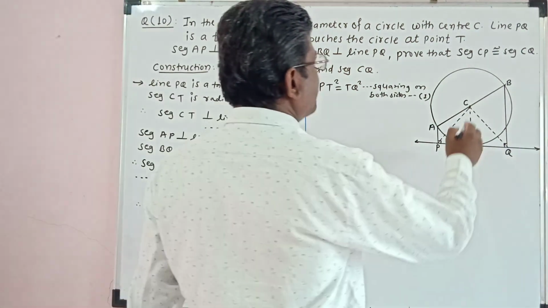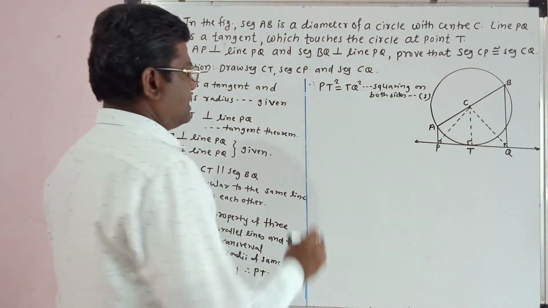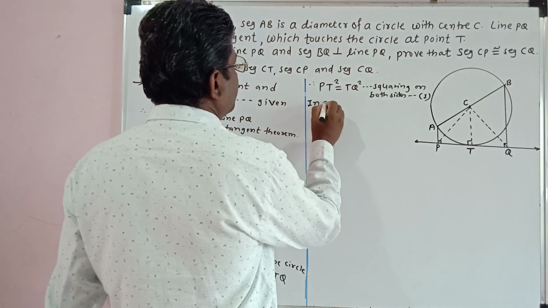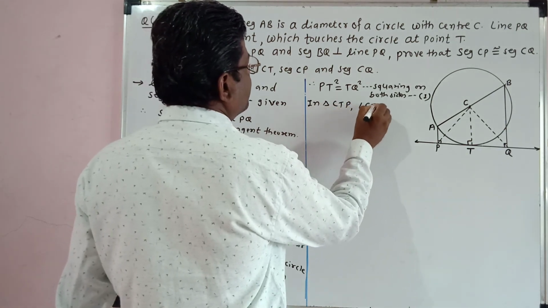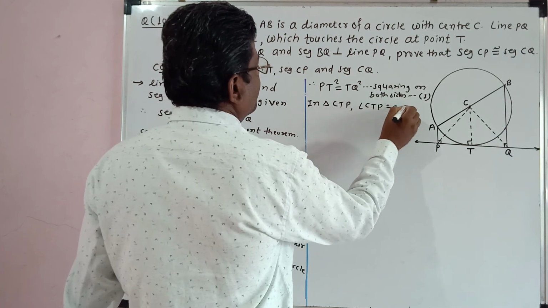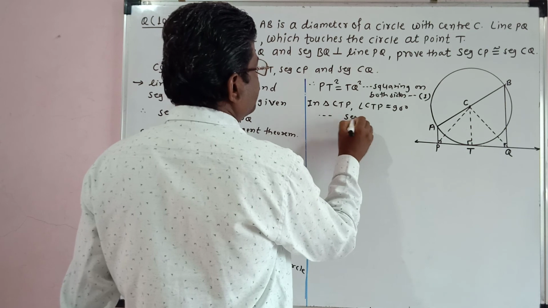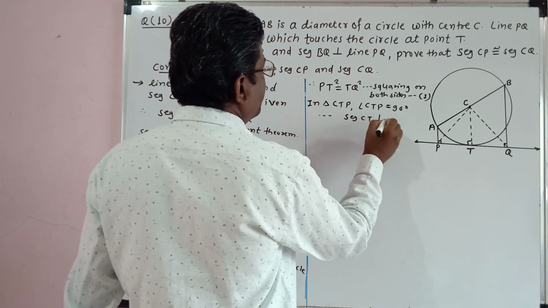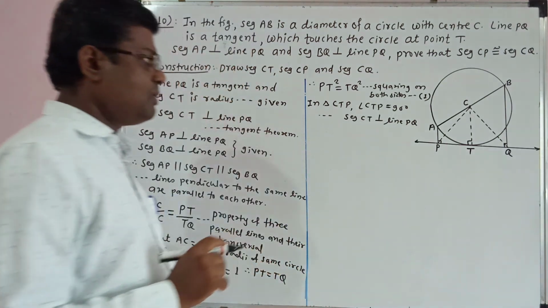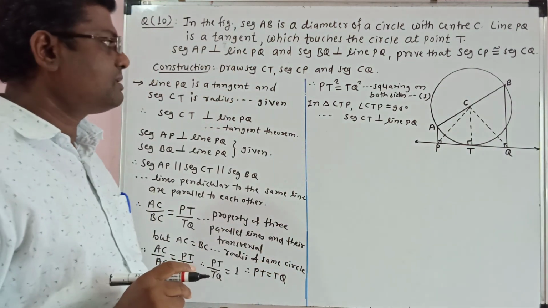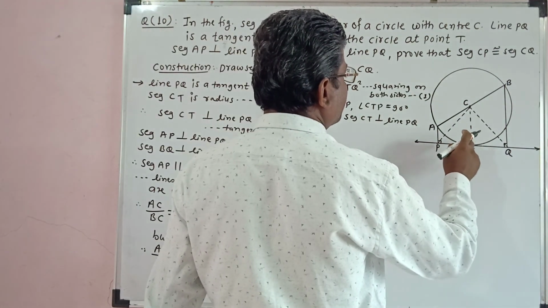Now consider triangle CTP. In triangle CTP, angle CTP is equal to 90 degrees. Reason is segment CT is perpendicular to line PQ. Therefore we apply Pythagoras theorem for this triangle. This angle is 90 degrees.